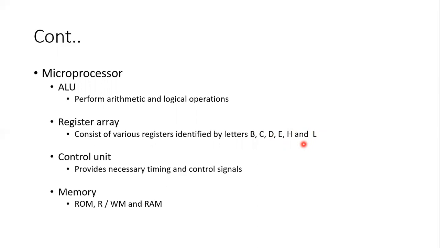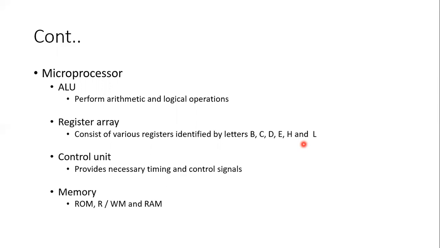These are the 8-bit registers. These registers are primarily used to store the data temporarily during the execution of a program, which are accessible to the user through their instructions.